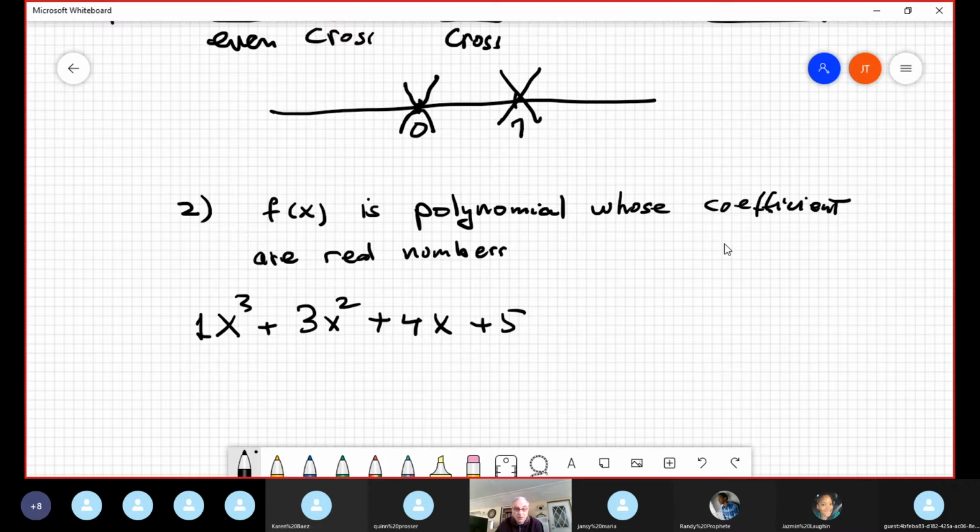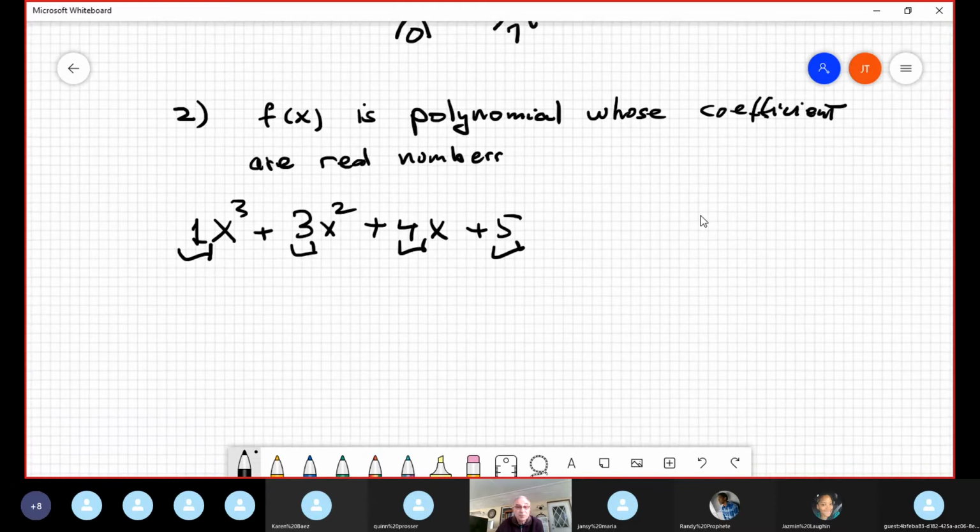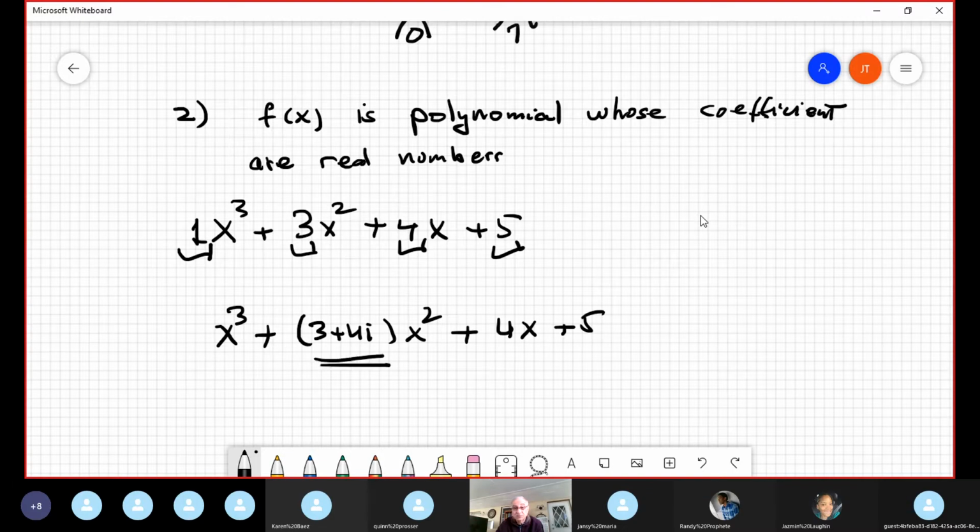Okay, the coefficients are 1, 3, 4, and 5. Real numbers. Maybe positive or negative, it doesn't matter. But a real number. So it belongs to the real numbers. No, because sometimes we have another possibility. We have another possibility that you have x cubed plus, and one coefficient is 3 plus 4i complex, x squared plus 4x plus 5. See, at least there's one complex. This idea is not valid. So we are talking about, que es the majority of the cases that we are solving here, real number coefficients.